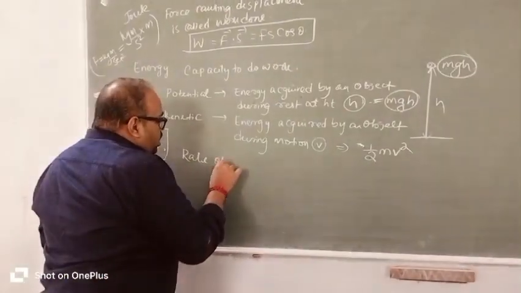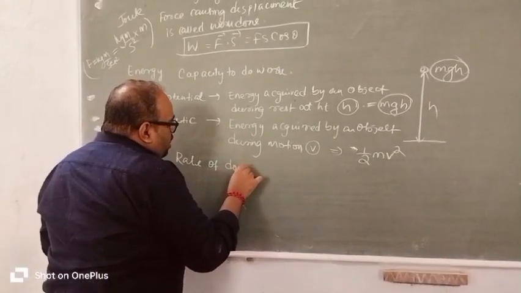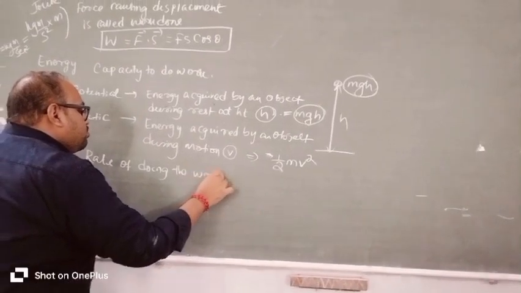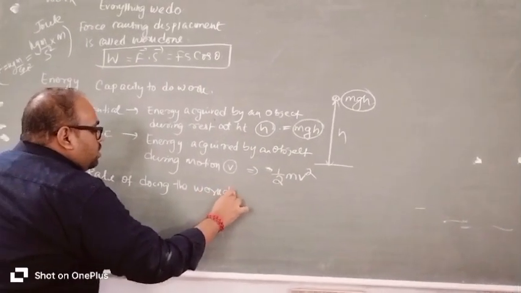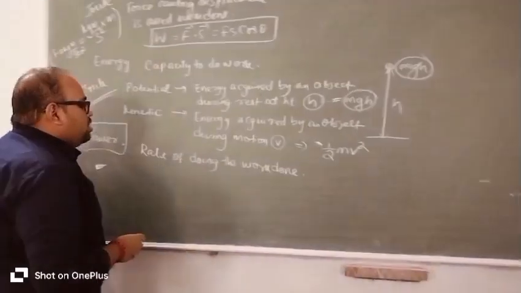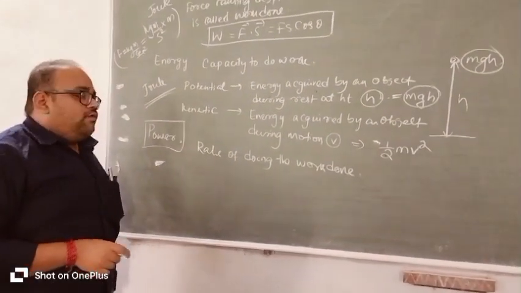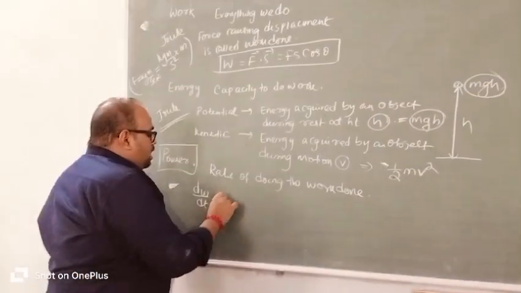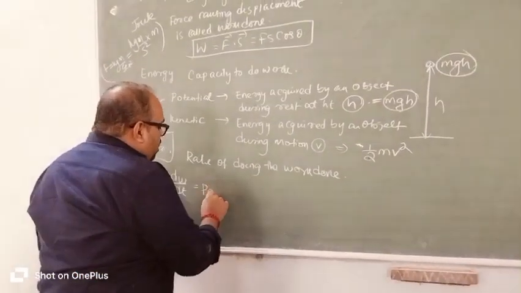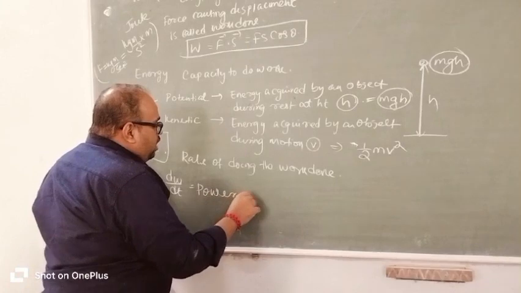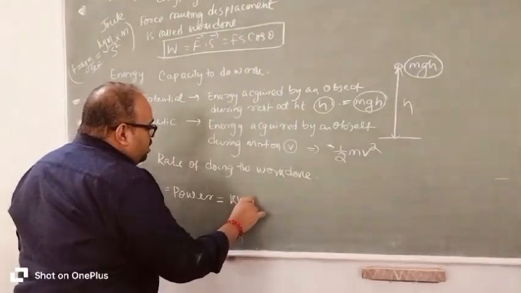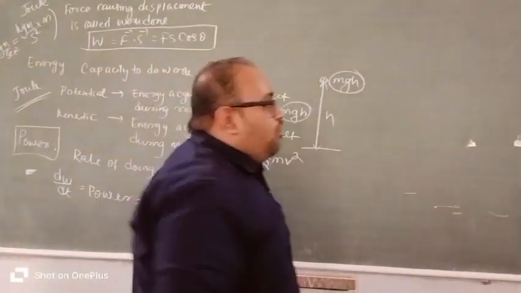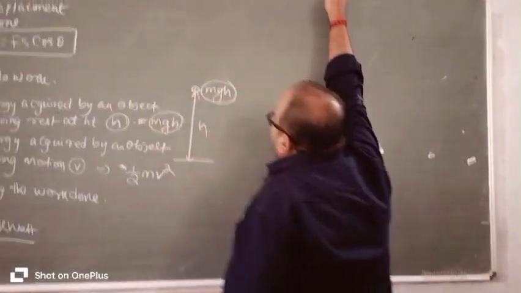And power is nothing but the rate of doing work. Work done varies with respect to time, so we can write this as power, which has the unit kilowatt or watt.